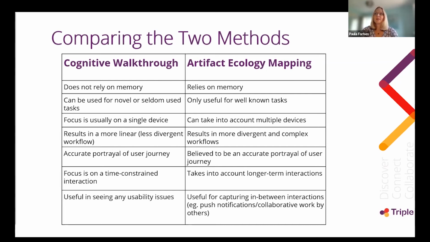For that reason, we think that the artifact ecology mapping is really only useful for things that the researcher is very familiar with. Searching is one of those activities we all do quite a lot, and it is in our mind, so we are familiar with it and it worked quite well. But the cognitive walkthrough might be better if you were trying to assess something that the researcher maybe didn't do very often.